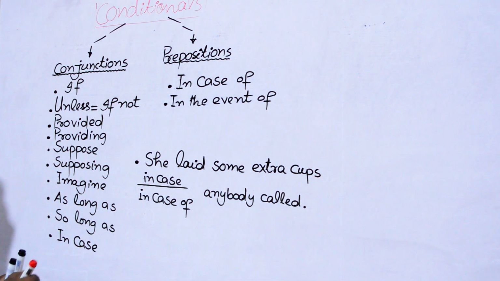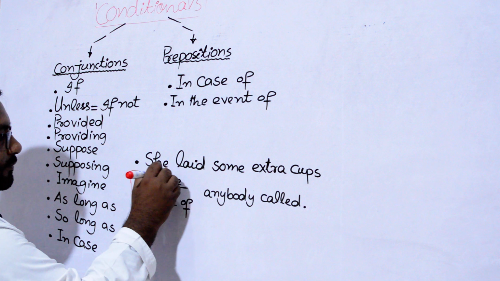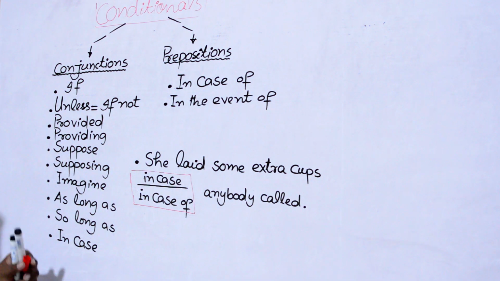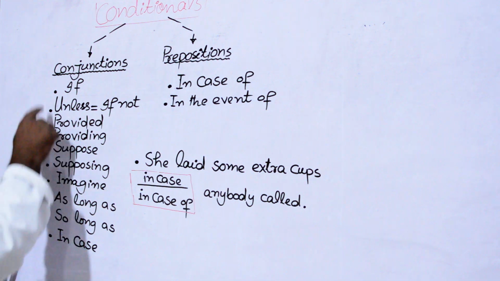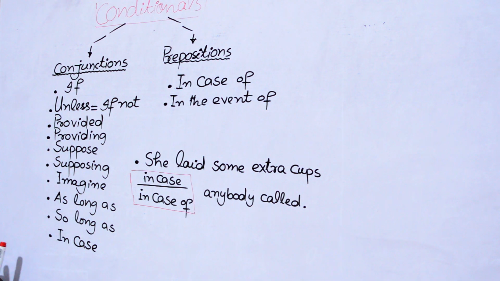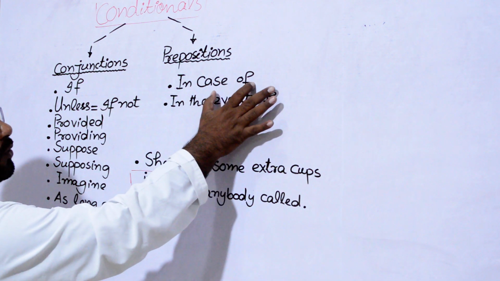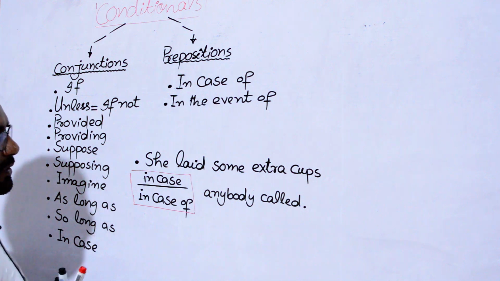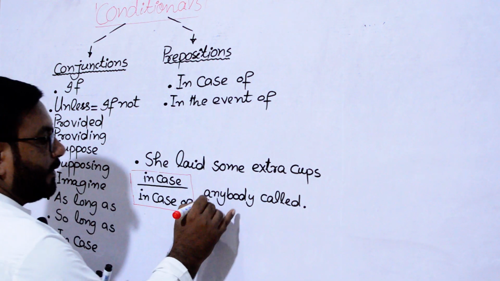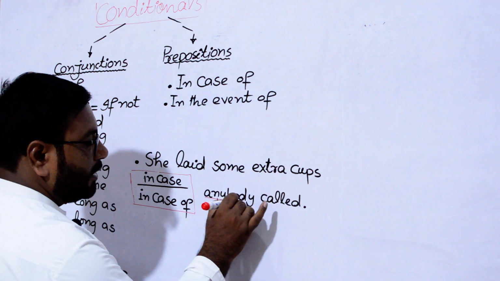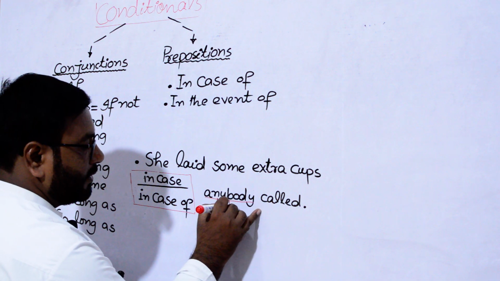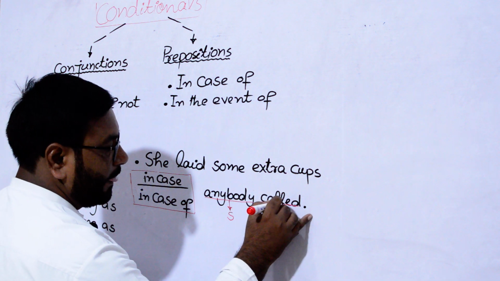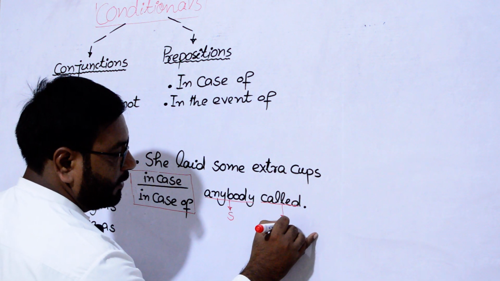Let's do it, my dear students. We have to pick, to distinguish. As we know, in case is a conjunction, it takes a clause. In case of is a preposition, it takes a noun or a noun phrase. What follows this? We have anybody, this is the subject. We have called, this is the verb.